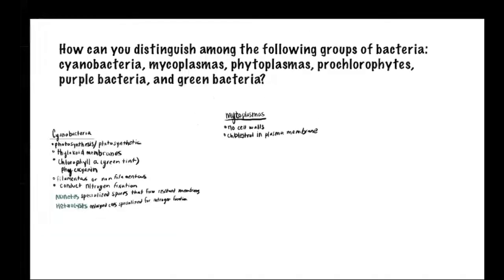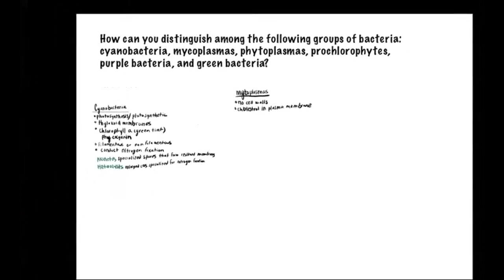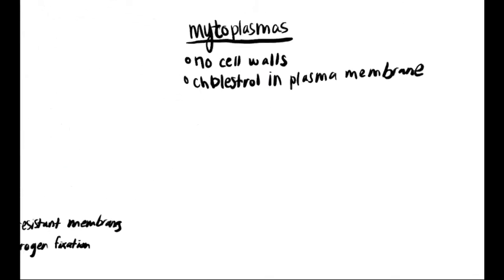The next type of bacteria we have are phytoplasmas. Phytoplasmas are like mycoplasmas in that they lack cell walls.